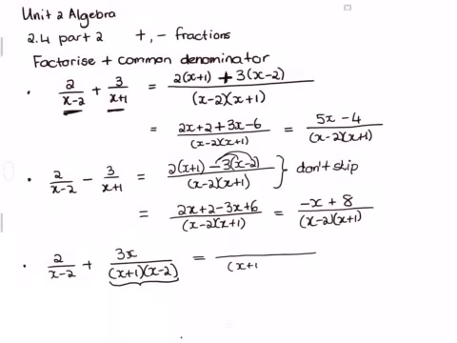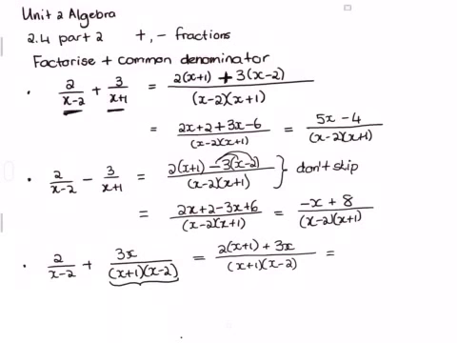So we don't put in an extra x minus 2 for the other one. Remember, it must just be one that both of them can fit into. So the 2 must now be multiplied by the x plus 1. But the plus 3 just remains plus 3x. It's already on the denominator. I don't multiply it by anything.